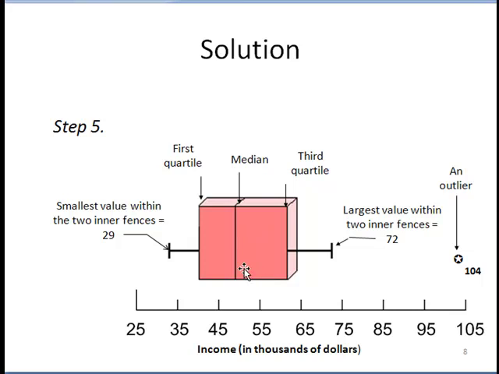Next, our box is going to grow whiskers. From the lower end of the box, we're going to draw a horizontal line segment connecting the box to the minimum value within the fences, which in this case is 29.